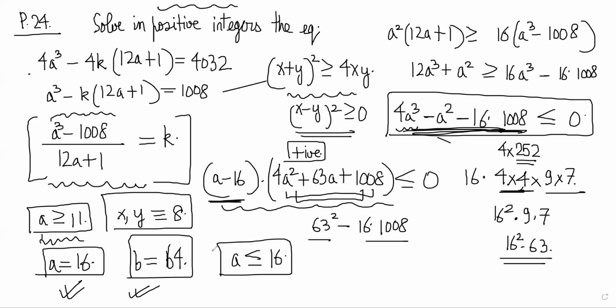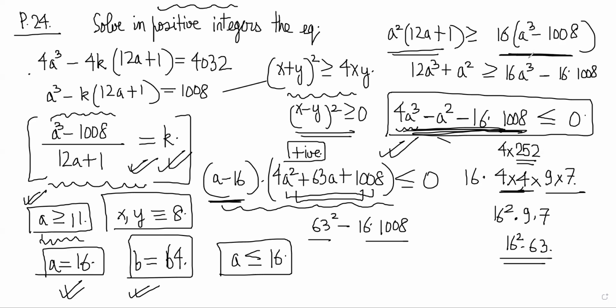So the question is a little bit of number theory. You have to notice the divisibility part, right? b is equal to 4k, and then use that back in the same equation to get this condition. And because k is an integer, we got one inequality: a is greater than or equal to 11. And the other inequality comes by multiplying this, getting this equation, right? We had a square into 12a plus 1 is greater than this.